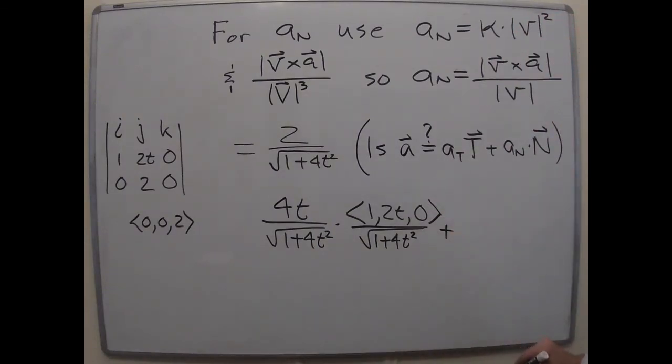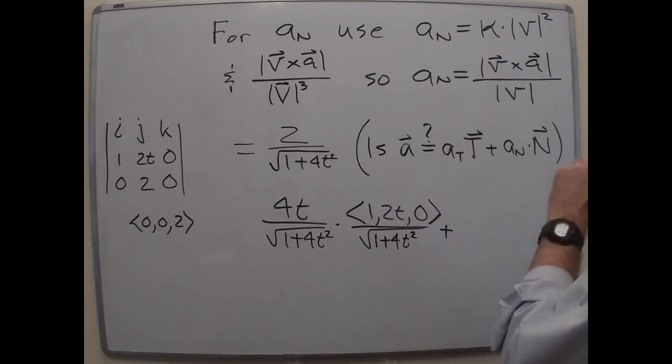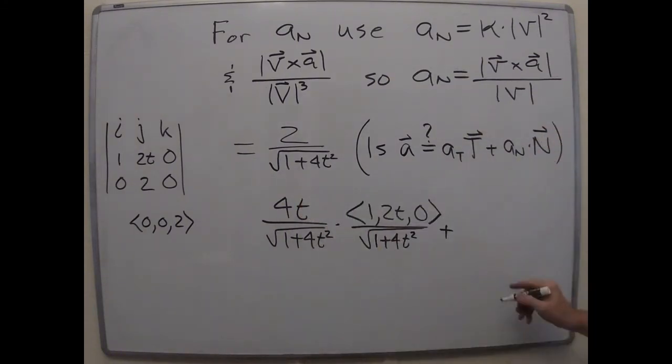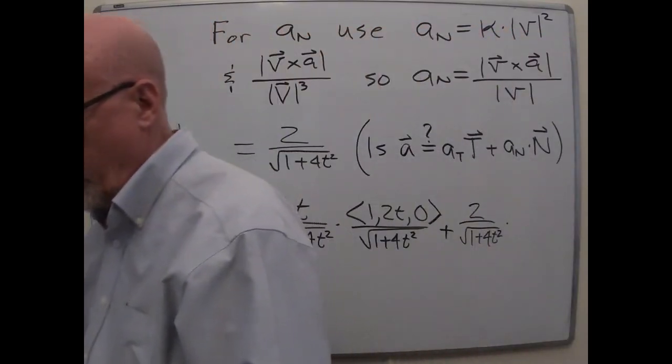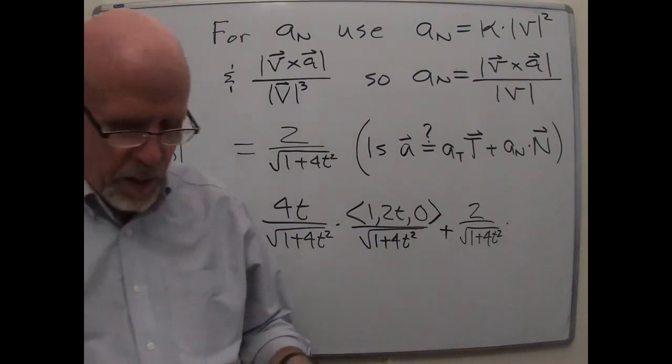And a sub n, we did it. A sub n is this expression, right? 2 over square root of 1 plus 4t squared. And N, gosh, what was N? Oh, I remember, that's the one where I kind of cheated and used geometry to figure out what it was.